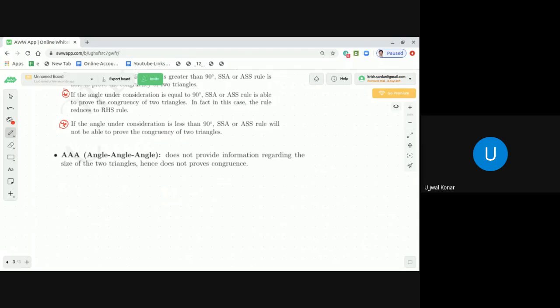For example, suppose this is an equilateral triangle, and this is also an equilateral triangle. In both cases, the angles are all 60 degrees. But do you see that the smaller triangle and the larger triangle are congruent to each other? No, because they are not of the same shape and same size. So angle does not provide information regarding the sides of the two triangles. Hence, it does not prove the congruency.